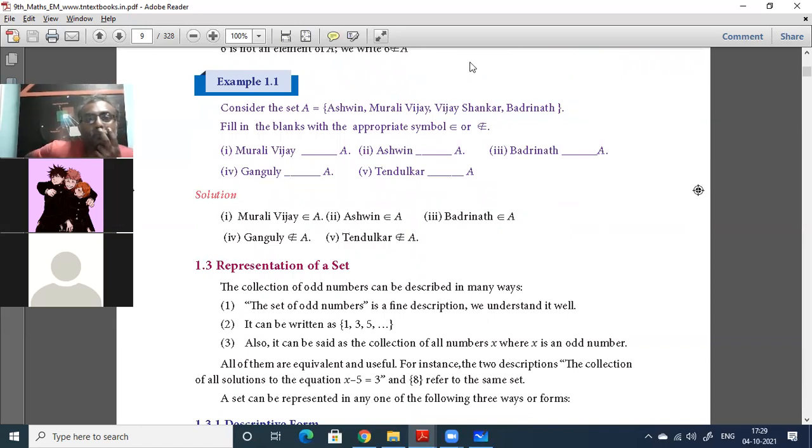Murali Vijay belongs to A. Ashwin belongs to A. Badrinath belongs to A. Ganguly does not belong to A. 10 to 12 does not belong to A. Very good.